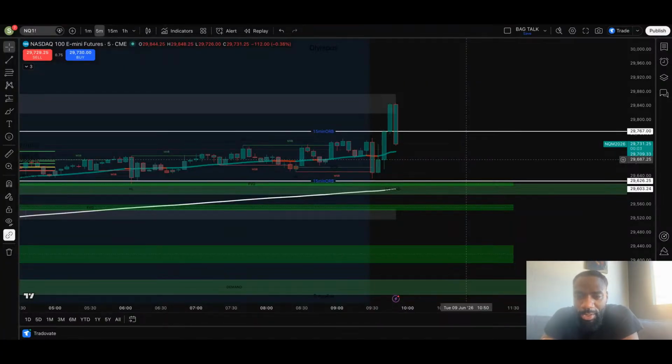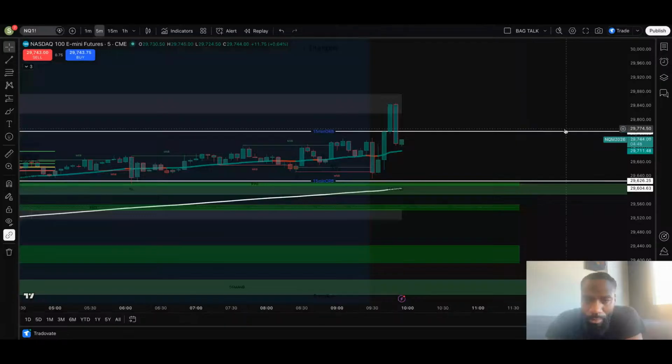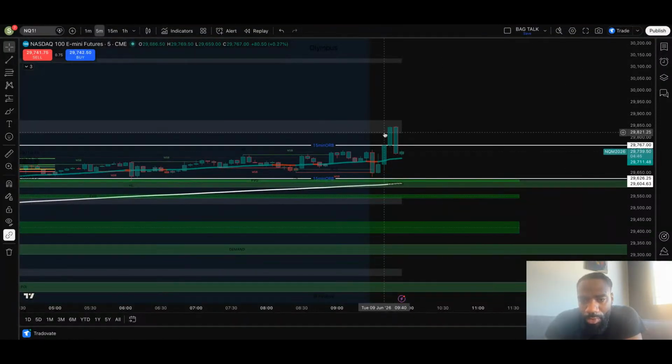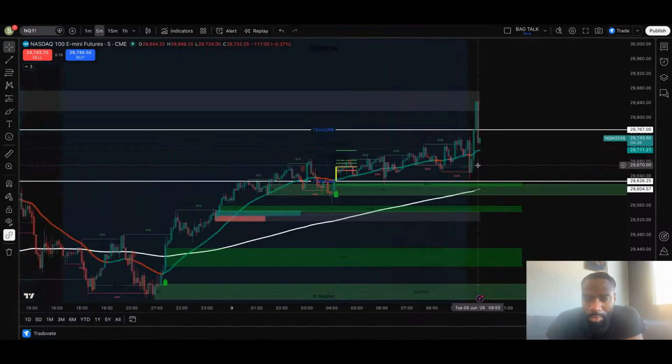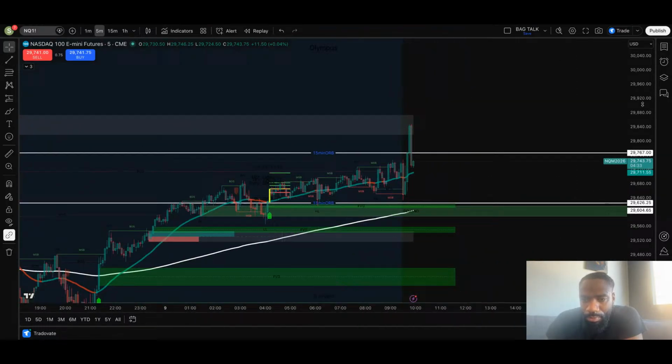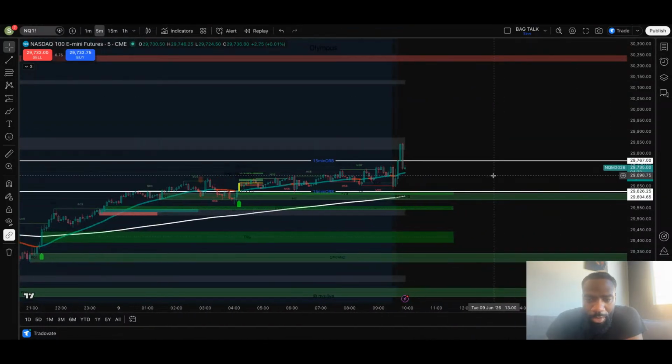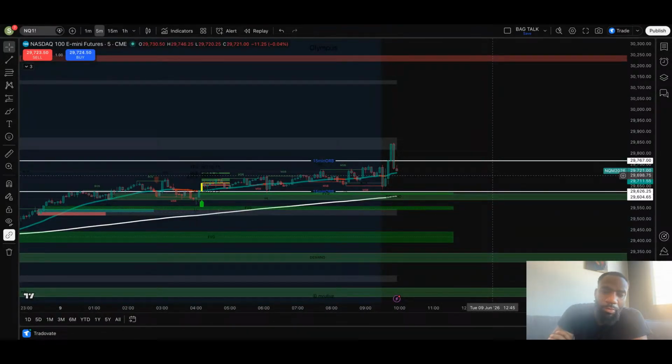There might be times where it does that and I miss out, but I'd rather be patient and wait and catch the real move. I like this as a retracement. I just want a little bit more confirmation. So I'll wait for the algorithm to call out a nice setup.